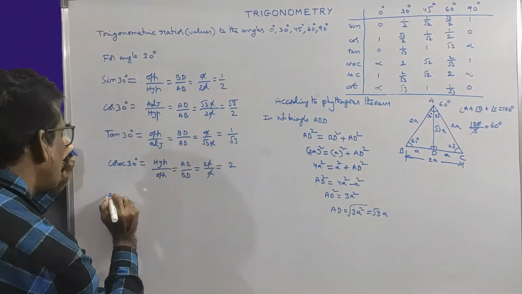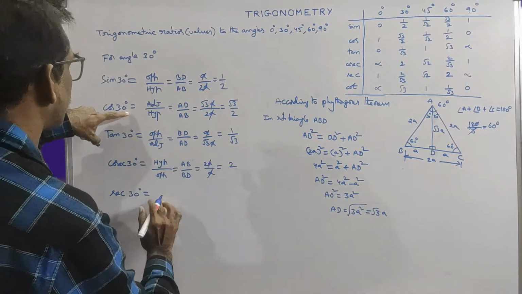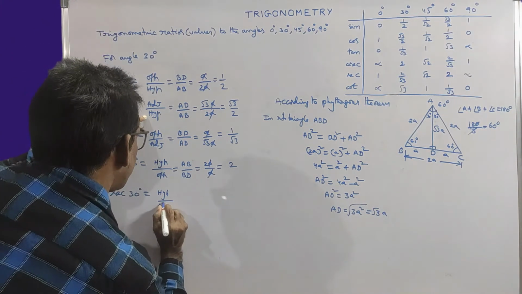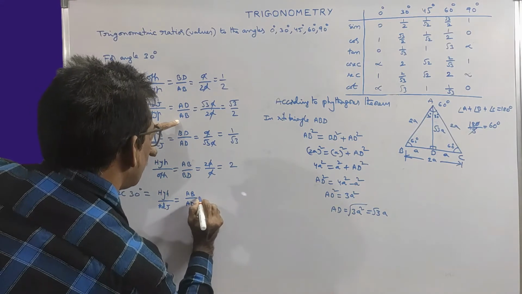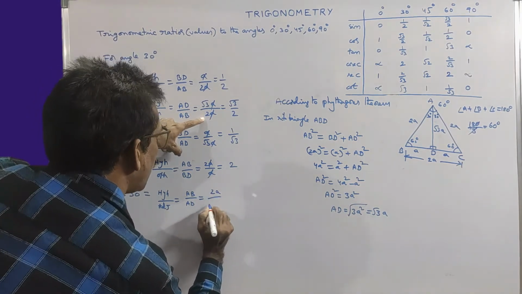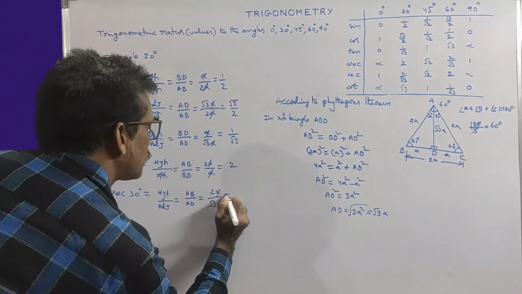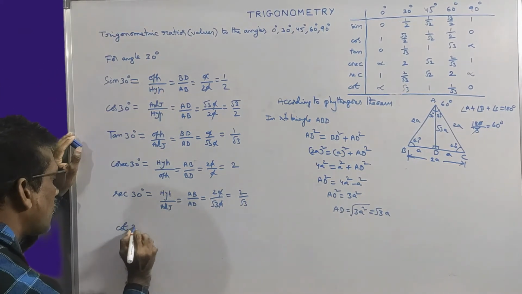So now the next ratio is secant 30. Secant is the opposite of cos. For the cos formula, you reverse everything: hypotenuse by adjacent, that is AB by AD, that is 2A by root 3 A. Cancel, 2 by root 3. Lastly, cot 30 degrees.